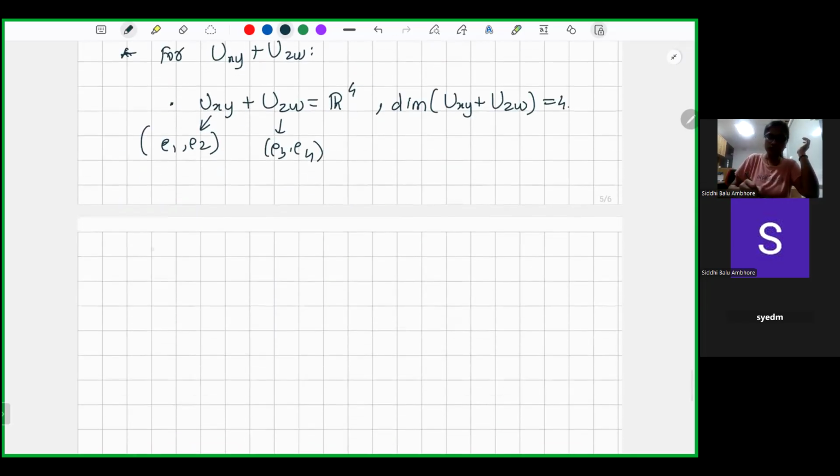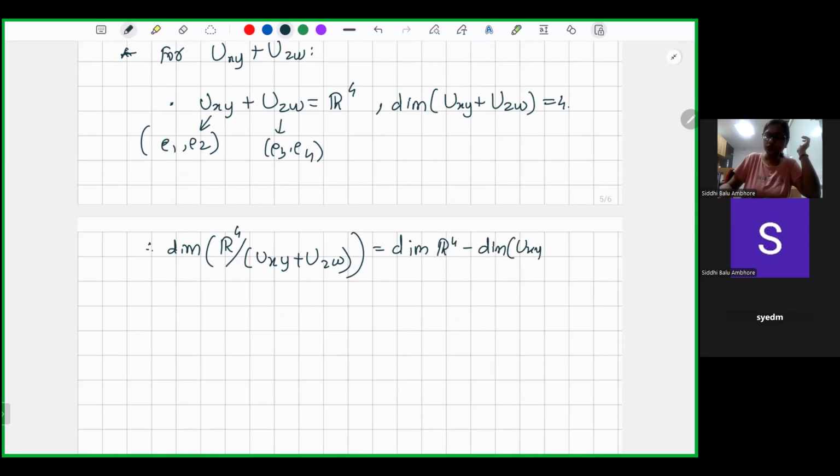Therefore the dimension of their quotient, R4 quotiented by UXY plus UZW, will be the dimension of R4 minus the dimension of UXY plus UZW, which is 4 minus 4, so that is 0.